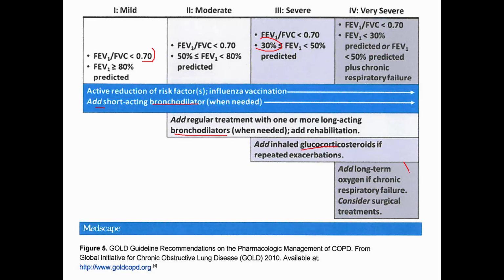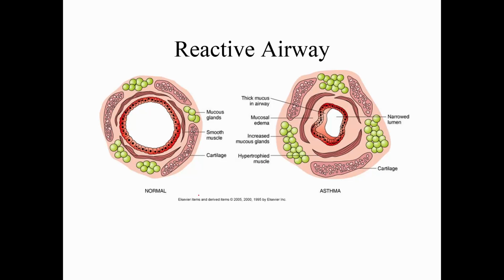Then add oxygen, and then consider surgical treatments. This actually came up in class the other day. Maybe having surgical treatments where you would remove diseased areas of the lungs and see if the person can maintain better respiratory function.